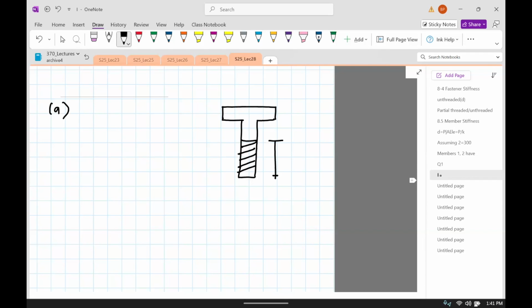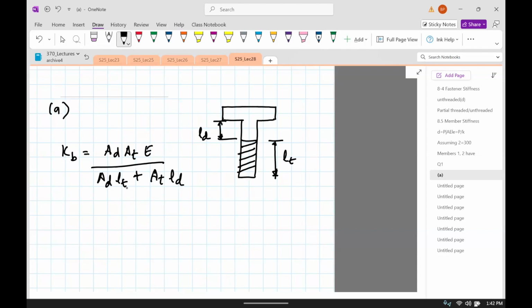So this part is LT, this part is LD, and then the formula for bolt stiffness for parts in series is AD AT E divided by AD LT plus AT LD. Okay, so just copy it, paste it from there.